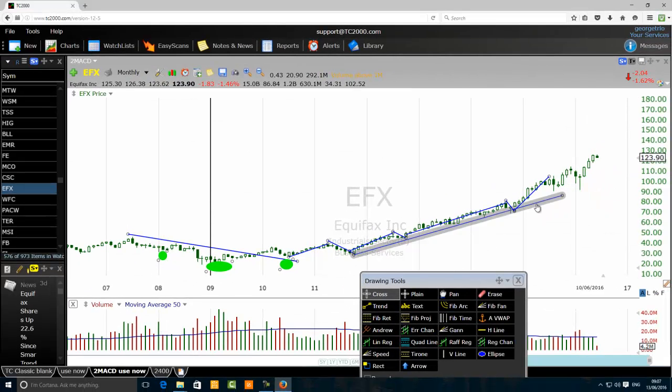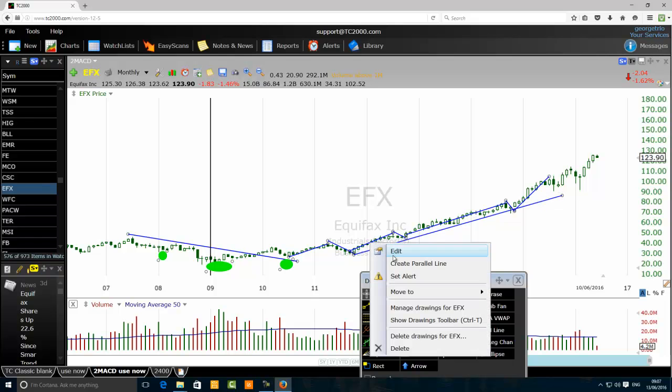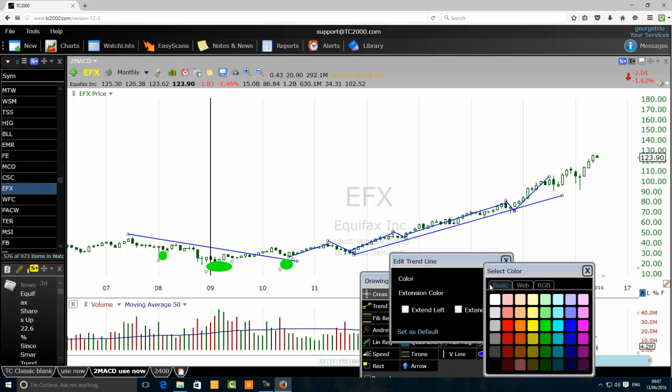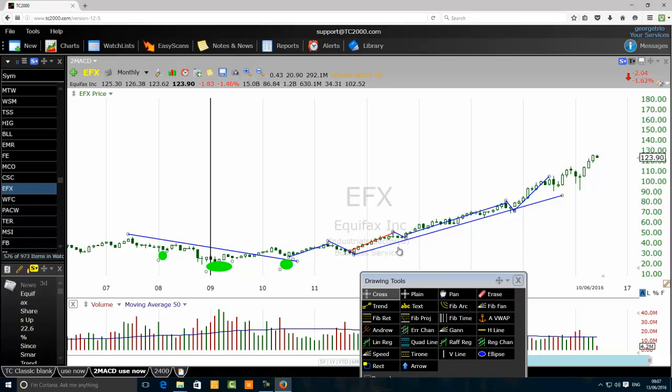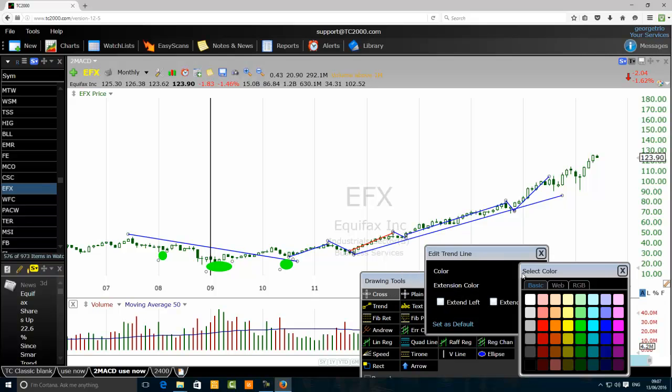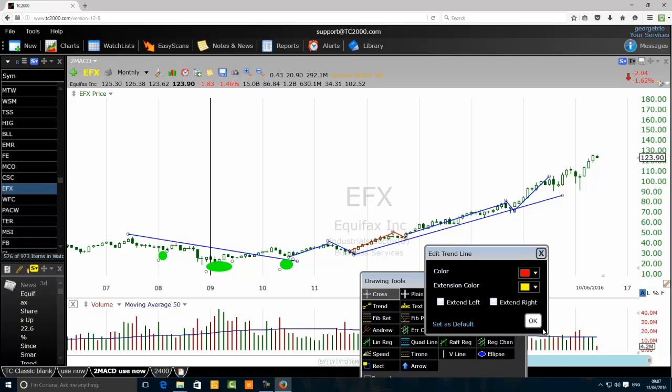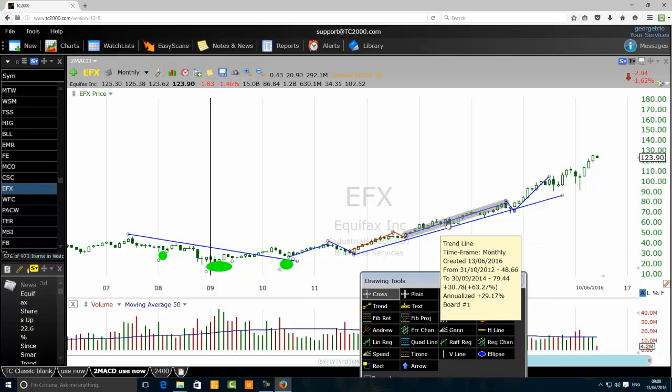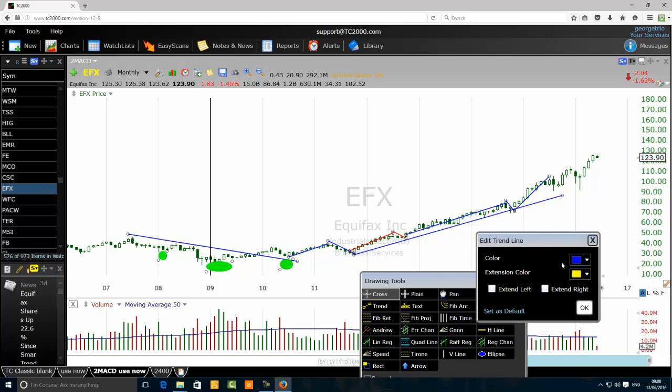Now, if I color them into red, you'll see the internal waves of the third wave for Equifax Incorporation, a credit file agency.